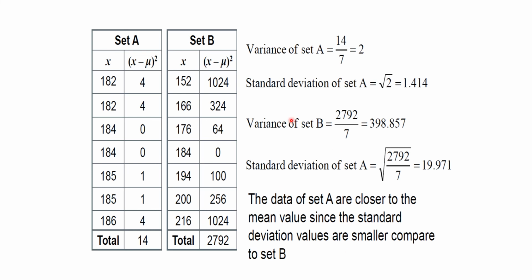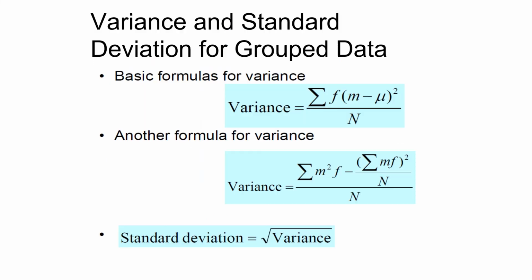Next, we will look into variance and standard deviation for group data. So this is the basic formula. What is added here is that m is the midpoint, mu is the mean, and f is the frequency, multiplied by how much the midpoint deviates from the mean, over the total number of data.